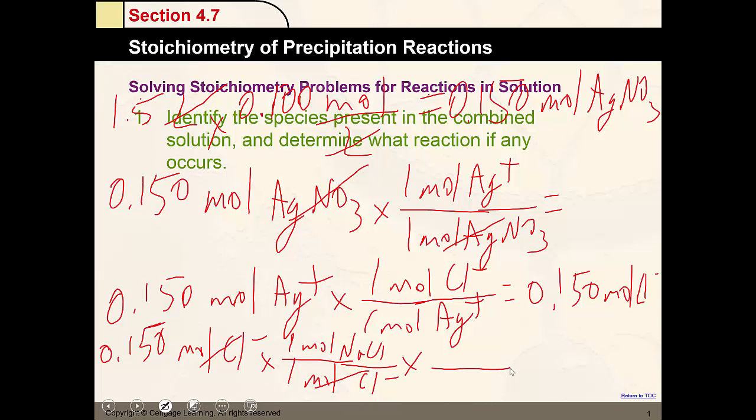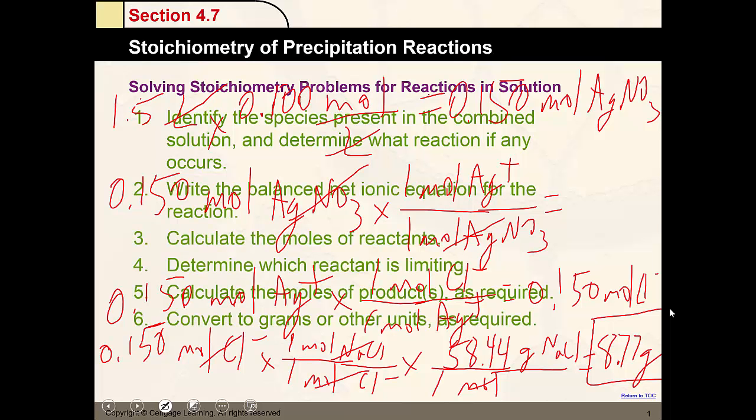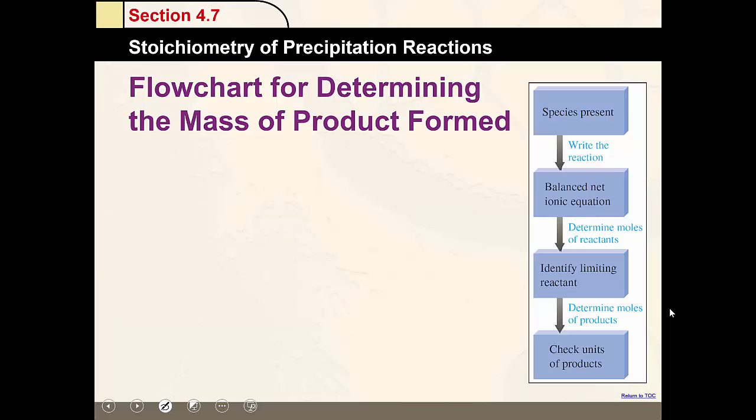And then last step, now that we have the moles of NaCl, we can multiply by the molar mass of sodium chloride, which is 58.44. So our final answer here for the number of grams of NaCl that's needed to react is 8.77 grams.